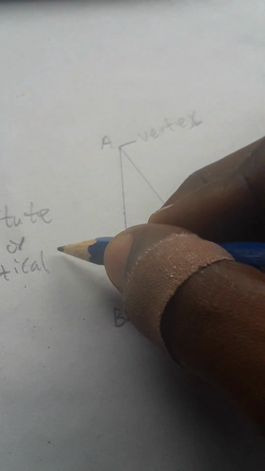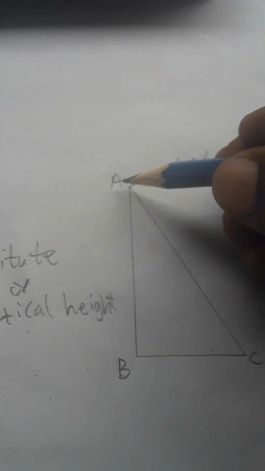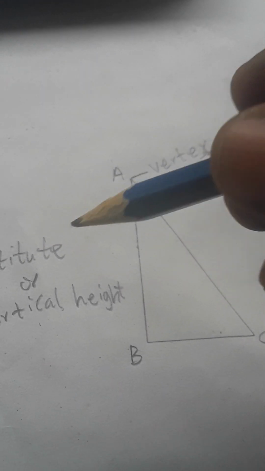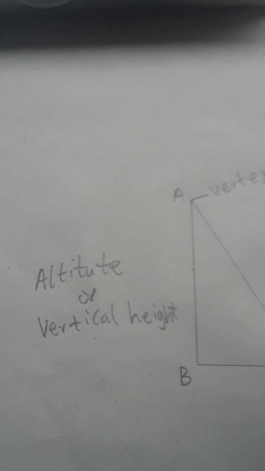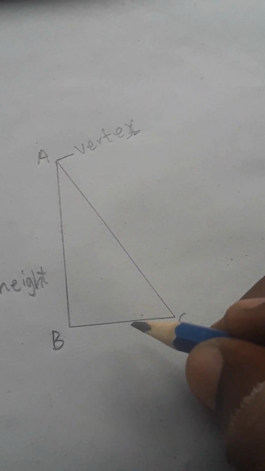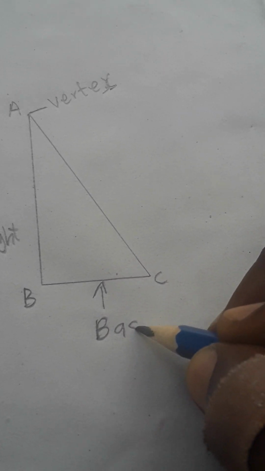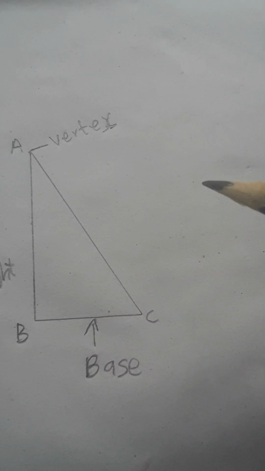Yes, AB is the altitude, or called the vertical height. While this BC can be called the base. This is the base. Yes, base.